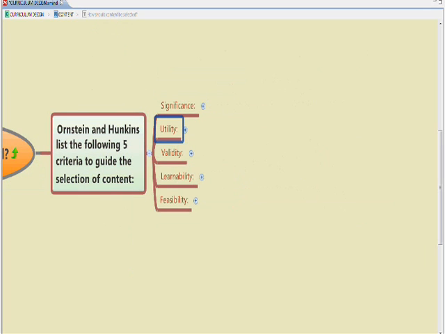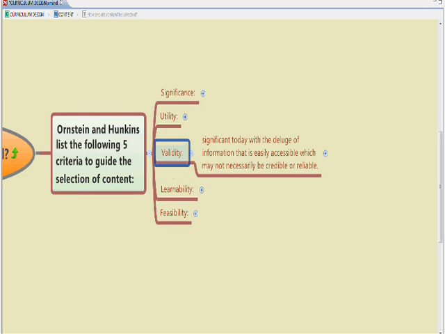Now let's talk about validity. It is significant today with the deluge of information that is easily accessible, which may not necessarily be credible and reliable. Knowledge needs to be valid. See, knowledge needs to be significant, it needs to be useful, but most importantly, it needs to be valid.